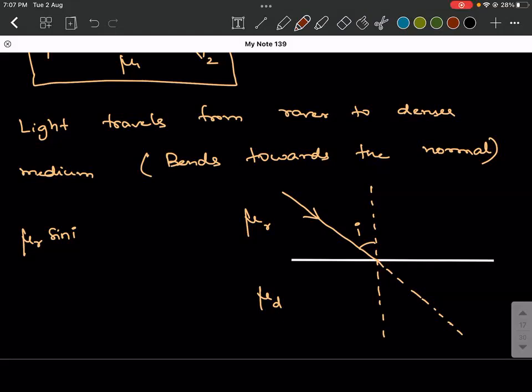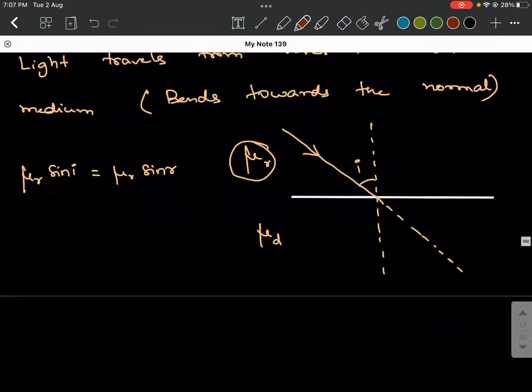I write it as refractive index of a medium into sine of the angle in that medium, sin i, will be equal to refractive index of the second medium into sine of the angle in that medium. So in the first medium it is called angle of incidence, and in the second medium it will be called angle of refraction. So mu r sin i equals mu d sin r.